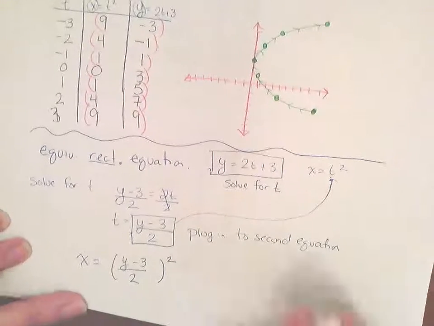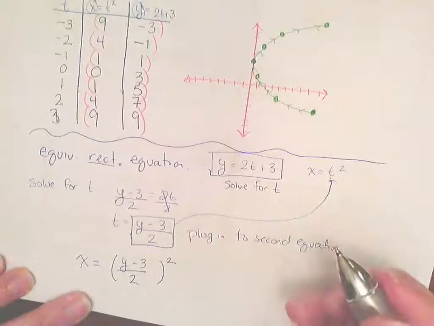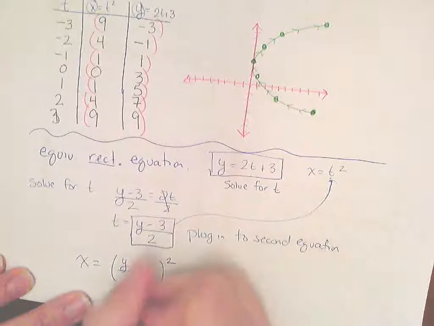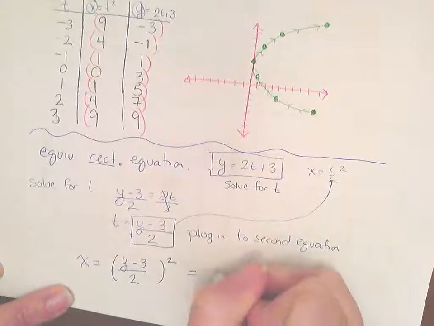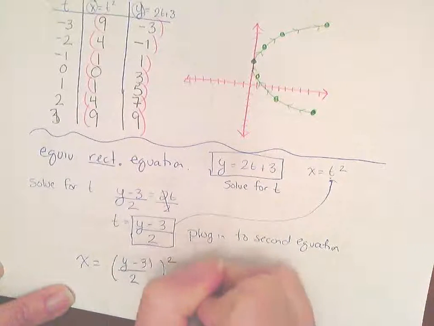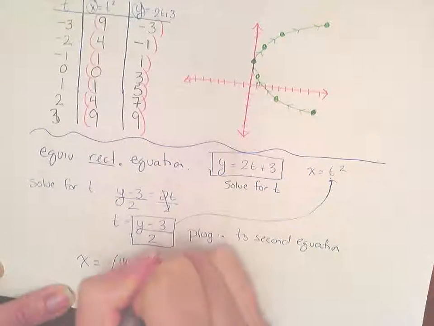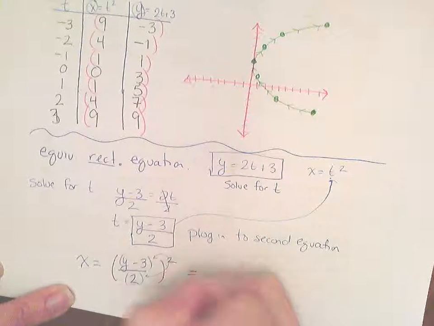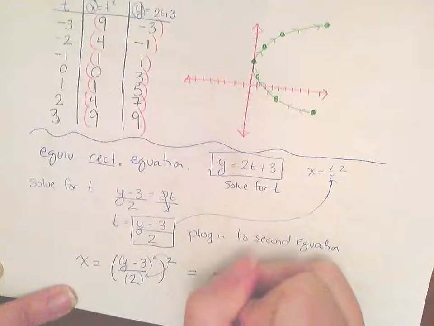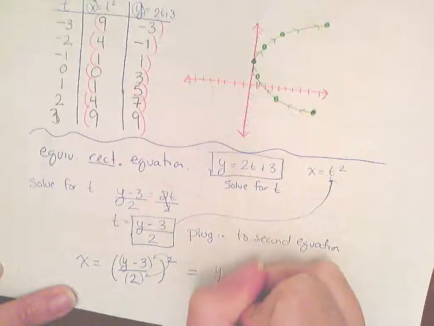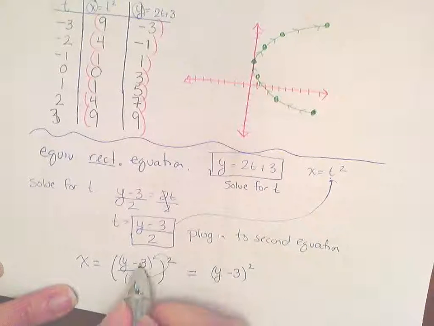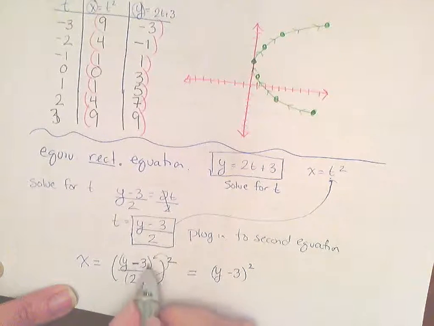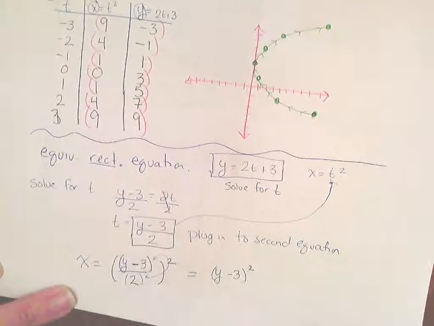So now basically I can simplify this just a little bit. I'm going to distribute that squared to the top portion and the bottom portion just to make it look a little bit nicer. So we end up with y minus 3 squared. Now you notice I didn't distribute it to the 3 and the y because there's a minus here, but I can distribute it to the whole top and the whole bottom because it's division.